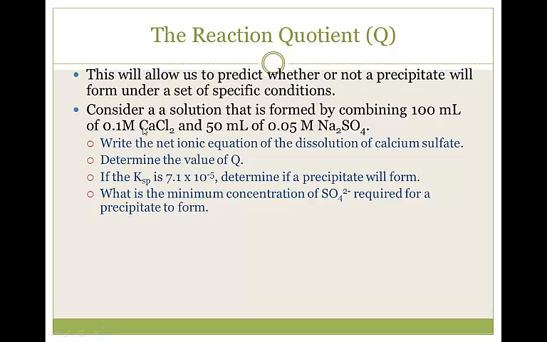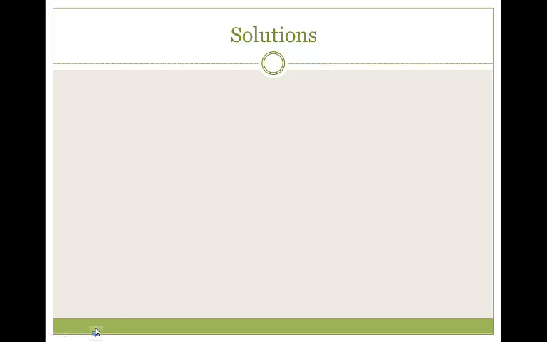So what's going to happen here is we're going to mix two salt solutions, sodium sulfate and calcium chloride, and the salt, hopefully, that we understand we're going to form here is the calcium sulfate salt. So what we want to do first is write the net ionic equation of calcium sulfate, which we get right there.